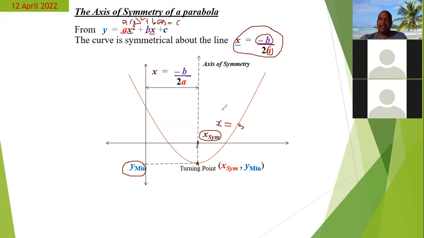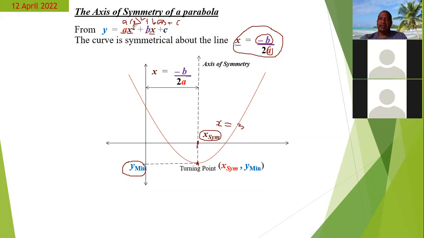Yes, sir. Right. So after you calculate the x value, so let's say you calculate the x value to be 3. All you want to do to get your y value is to plug this 3 back into the y equation where the x is. You substitute x to be 3. So wherever you have x here, you replace it with 3.